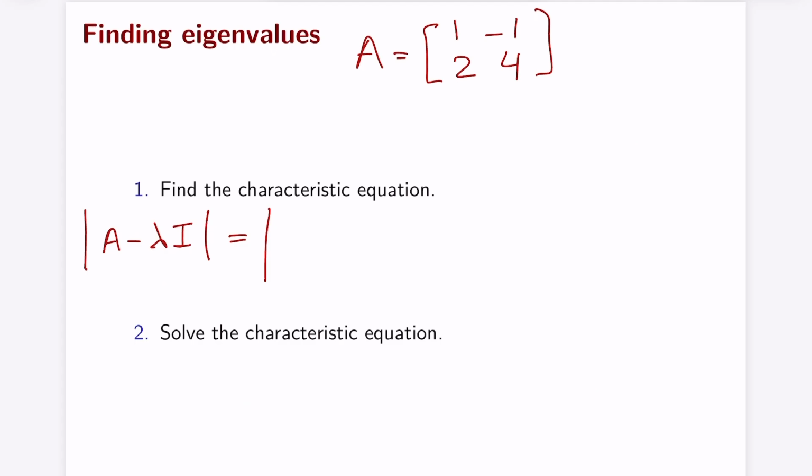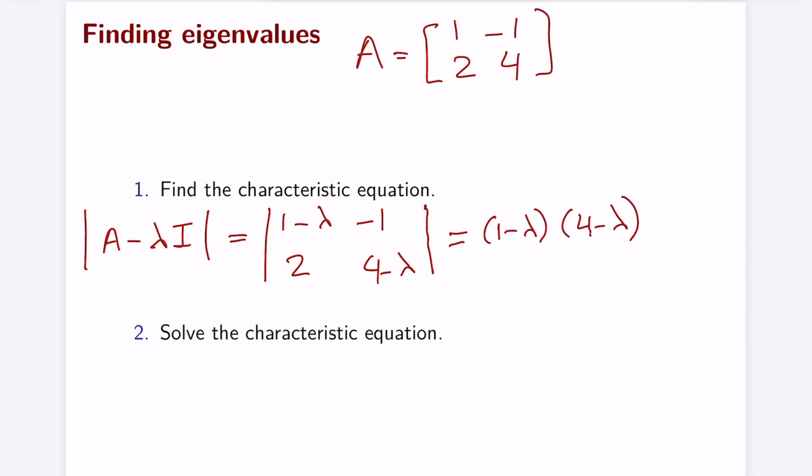So in this matrix, we're going to just subtract lambdas in the diagonal. That will be 1 minus lambda, minus 1, 2, and 4 minus lambda. And now we just calculate the determinant. In this case, it's a 2 by 2, very easy to calculate, right? This minus this. So that will be 1 minus lambda times 4 minus lambda, minus 2 times minus 1, which is plus 2.